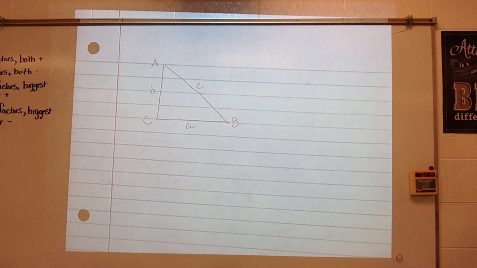So now, consider the right triangle with leg lengths of A and B. By the Pythagorean theorem, we know that A squared plus B squared is equal to C squared. Taking the square root of both sides gives us the length of the hypotenuse as C. So I can use this to prove that if A squared plus B squared equals C squared, then I have a right triangle.